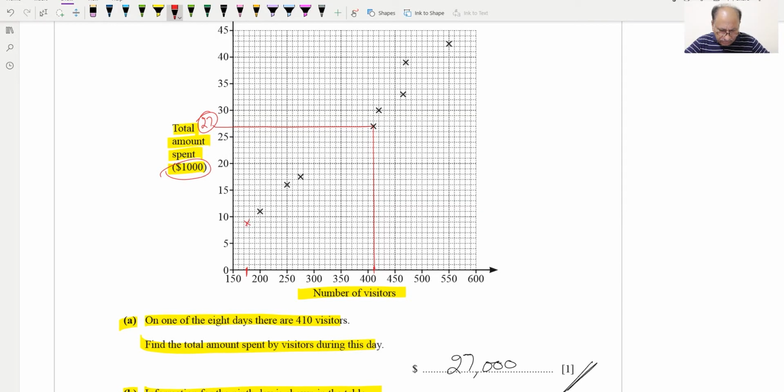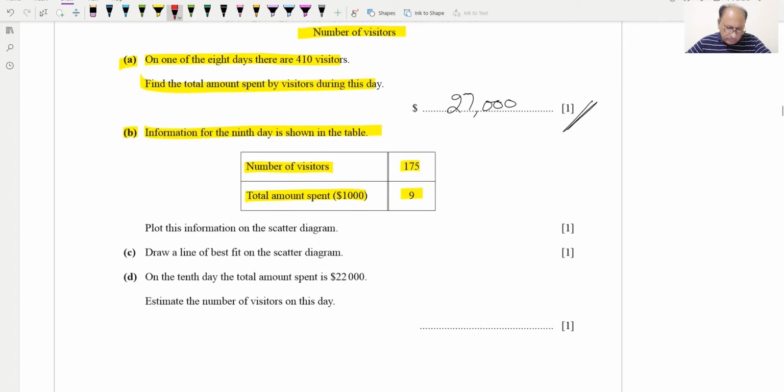And the reference, if you want, we can show it also, and 9 will be over here. So this will be 9,000. Cross we have indicated, and they are saying plot this information on the scatter diagram, which is 1 mark each, which is done.